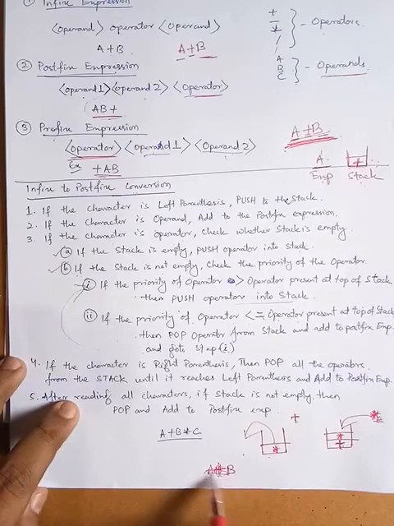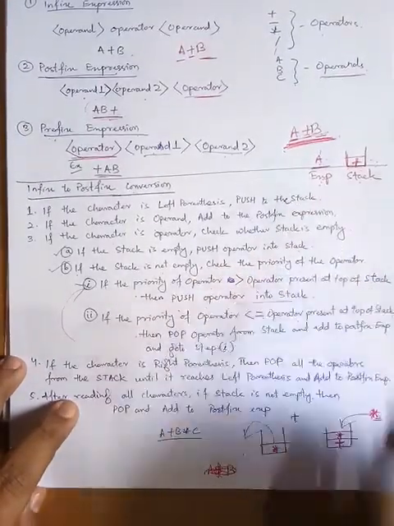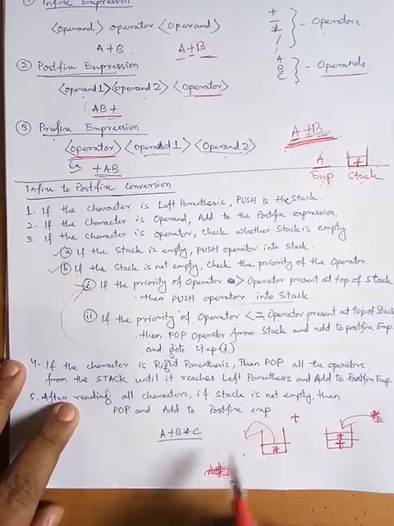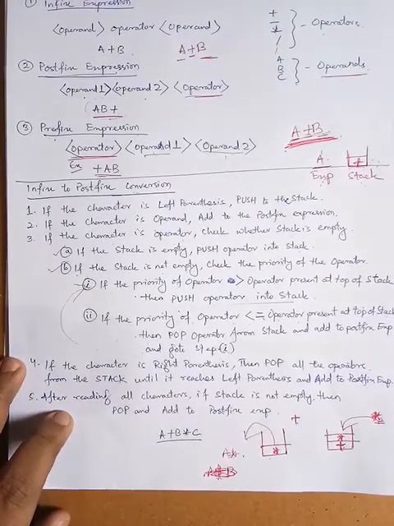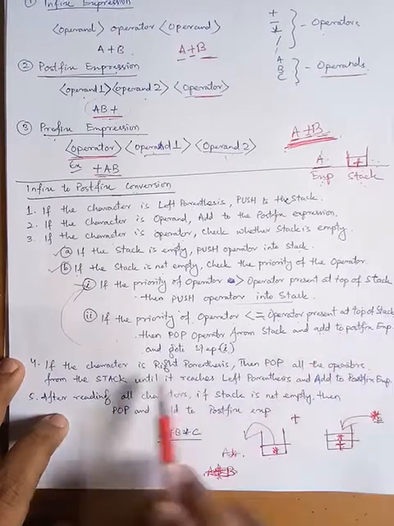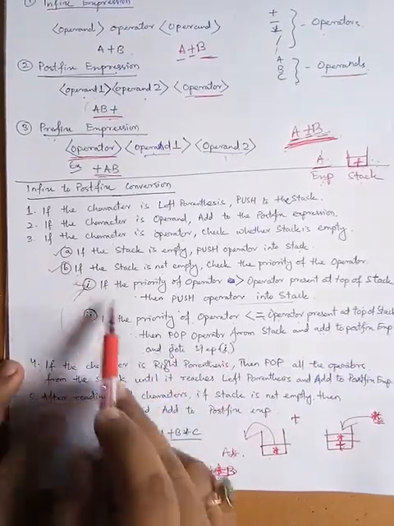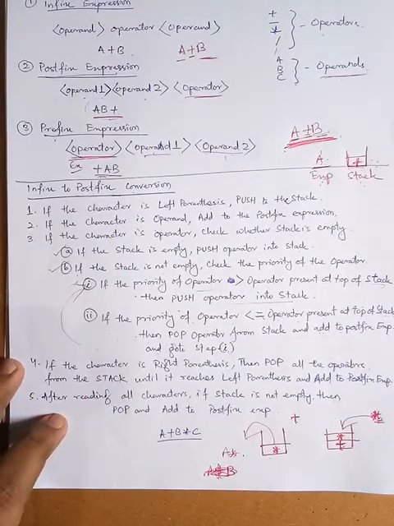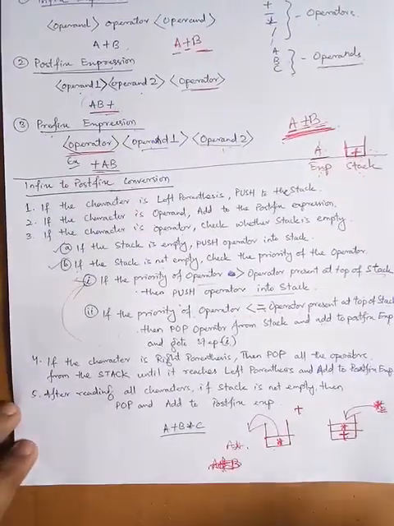We have already added a to the expression, and now this operator will be added to the expression, suppose a, then star. Now again add to the postfix expression and go to step I. Again this process will be checked repeatedly. Okay, we'll see through an example after this one.